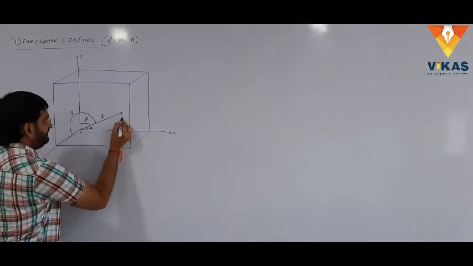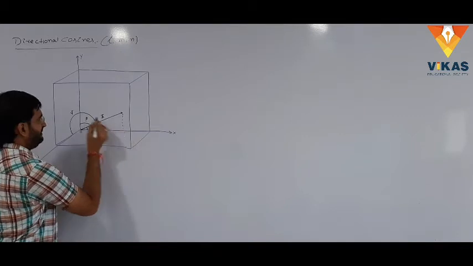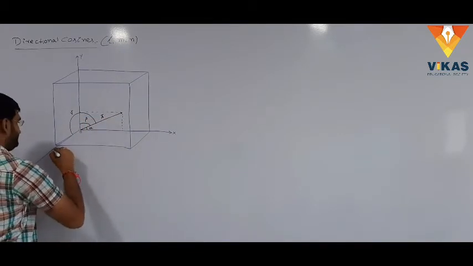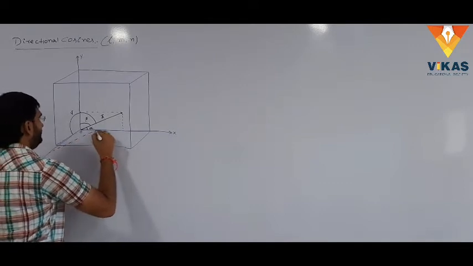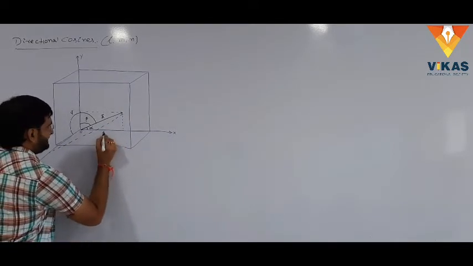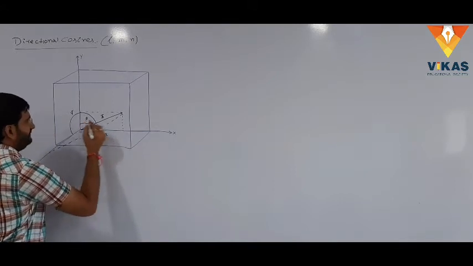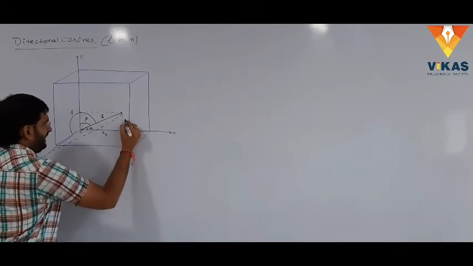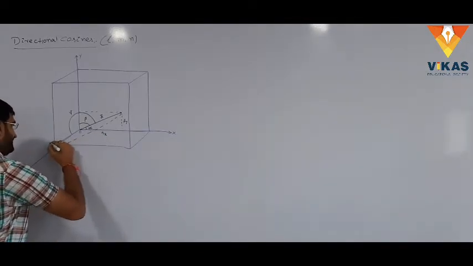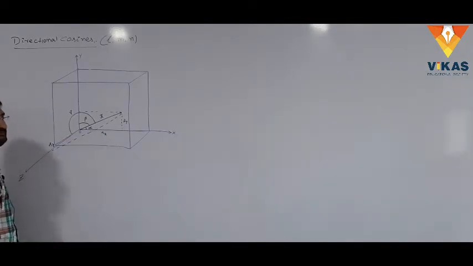We draw the perpendiculars onto the coordinate axes simply like this. The length of the vector on the x-axis is ax. The length of the vector on the y-axis is ay. The length of the vector on the z-axis is az.